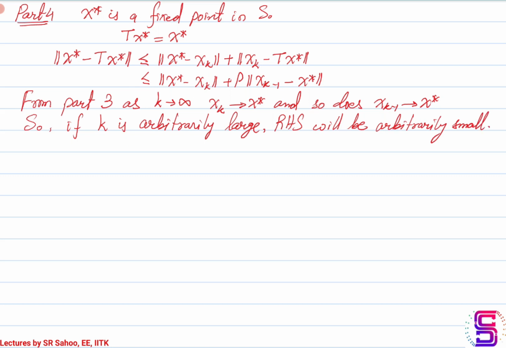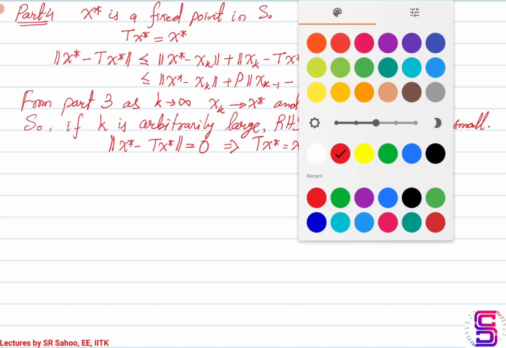So this essentially indicates that the norm of x star minus Tx star can only be 0, which further says that T acting on x star gives you back x star, which means x star is a fixed point.